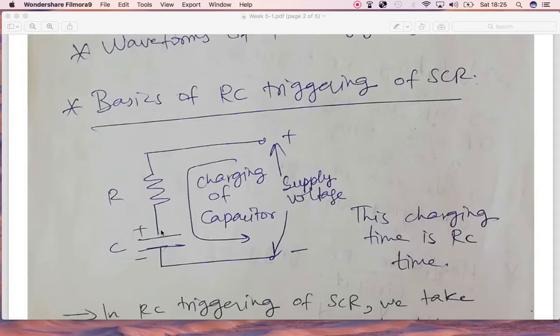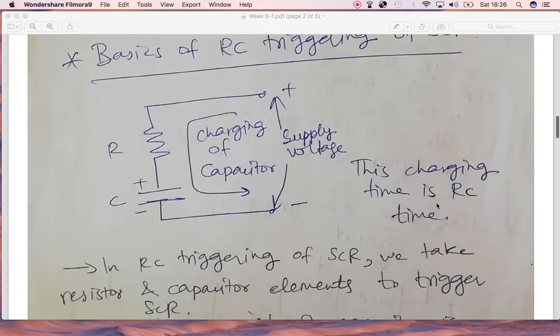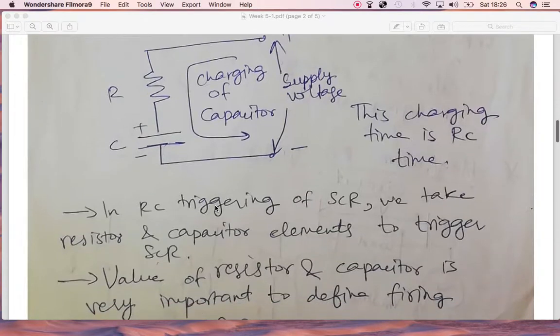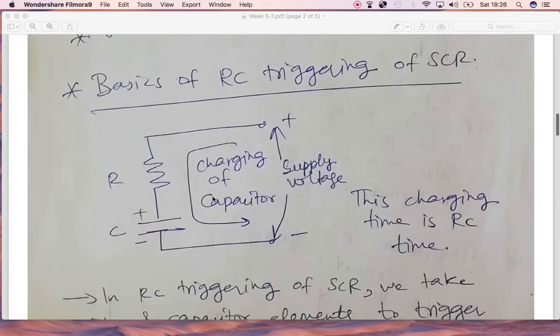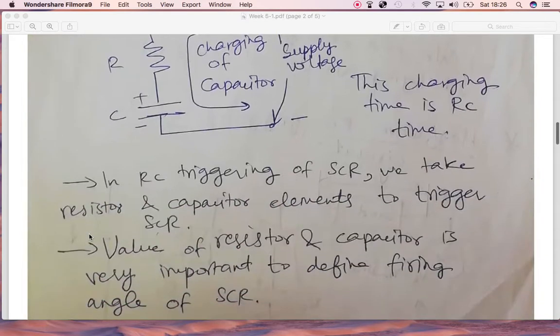When the resistance is connected with the capacitor and the voltage is applied via the resistance, the capacitor starts charging, and the charging time depends upon the multiplication of R and C. So T is equal to RC, which is the charging time of the capacitance, and which has great importance in this RC triggering, because here the values of the resistance and the capacitance will teach us how the triggering of the SCR will happen with this RC triggering method.